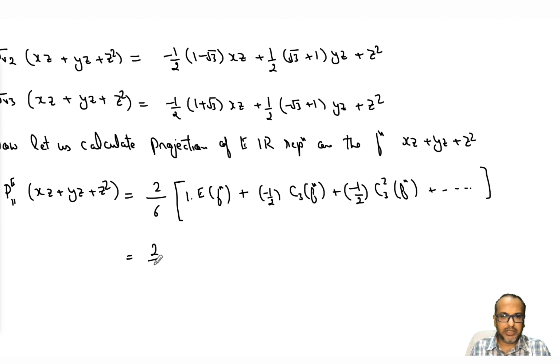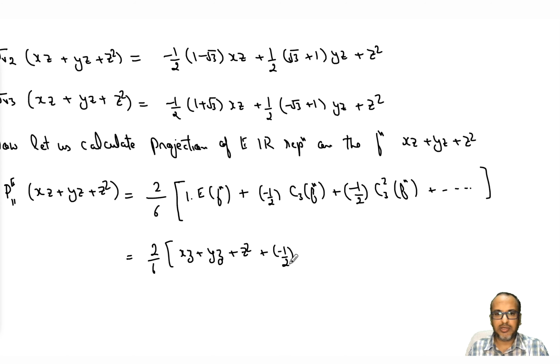So 2 by 6 E, effect of E will give you xz plus yz plus z square plus minus half. Effect of C3 onto the function was minus half.